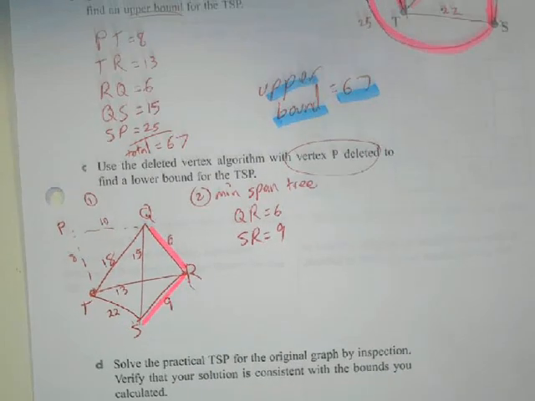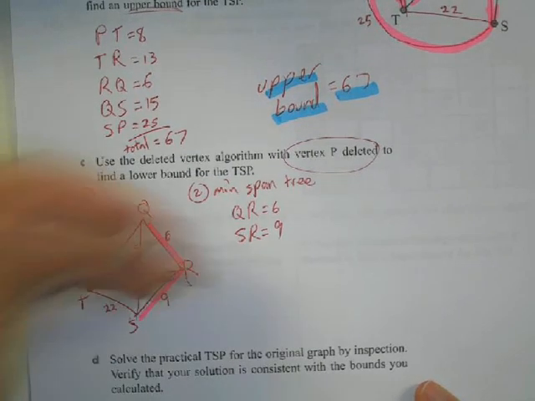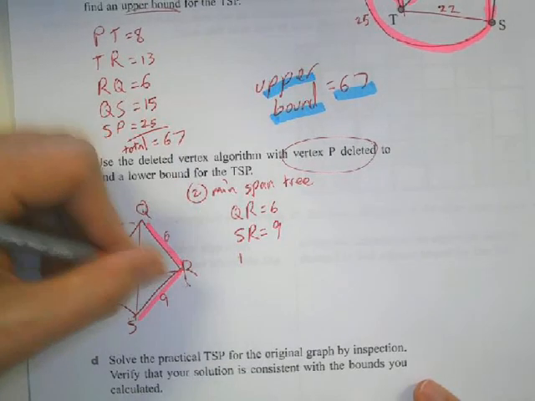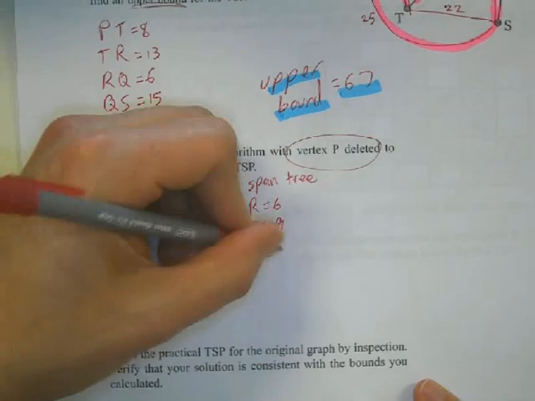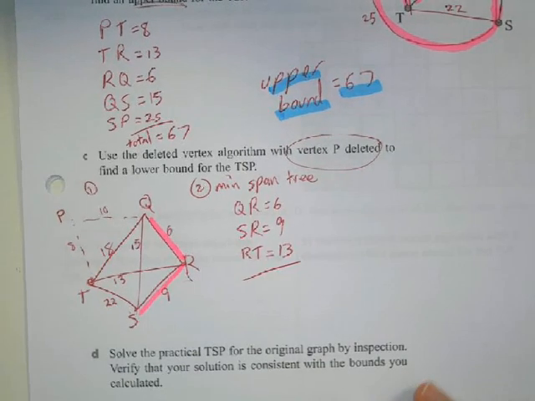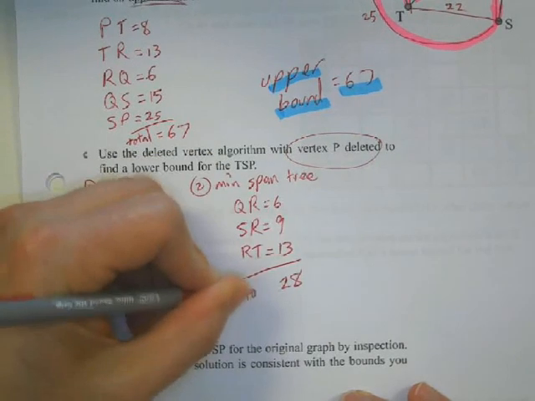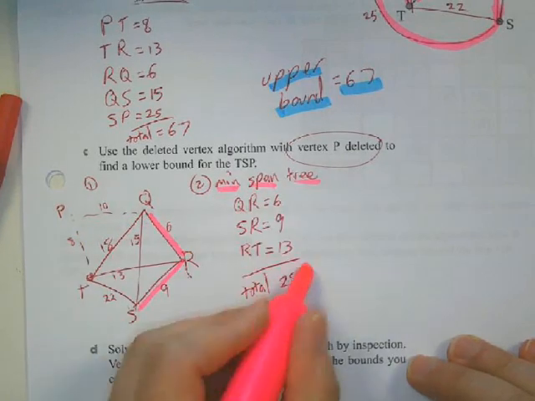Okay, and then the next we need to get to T. So the shortest route to T is going to be 13. So we're going to do RT, which is 13. So we add those all together, and we get 28. So our minimum spanning tree total is 28.